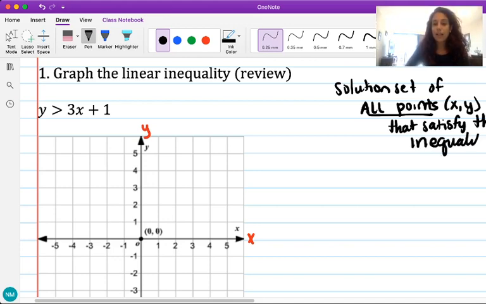Same concept. We just did that above with 1 variable. Now we're doing it with 2 because we have x and y. Don't worry, we're not going to get into 3 dimensions just yet.